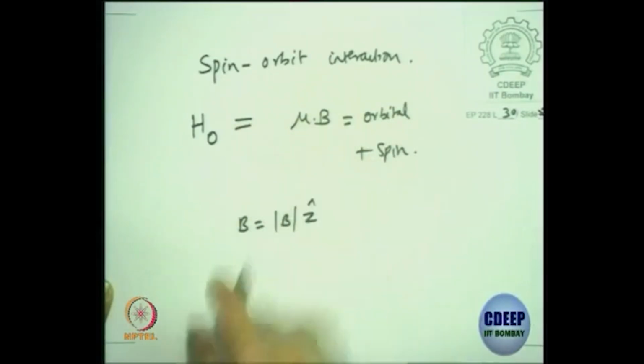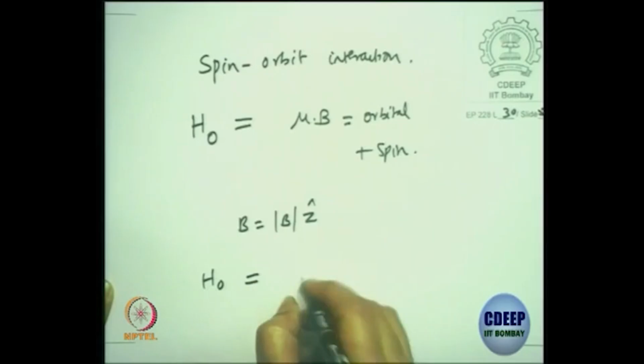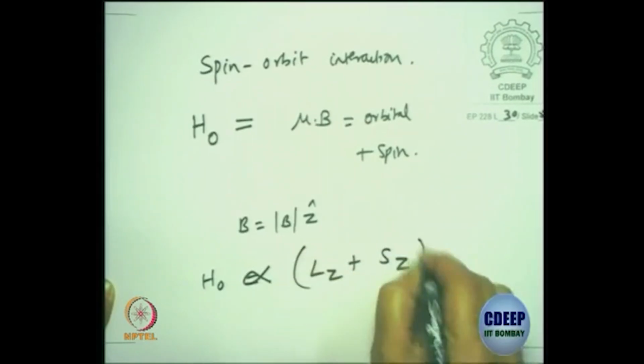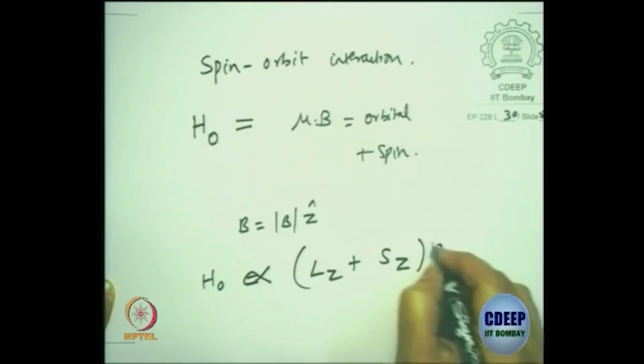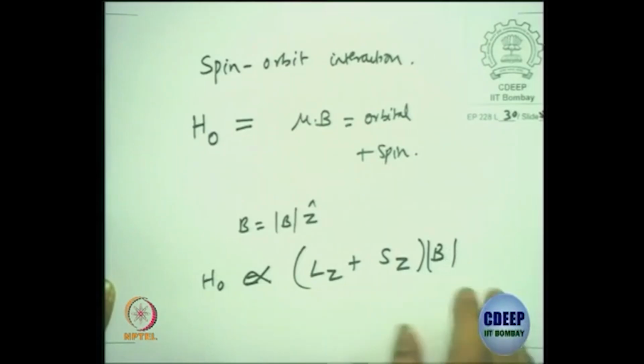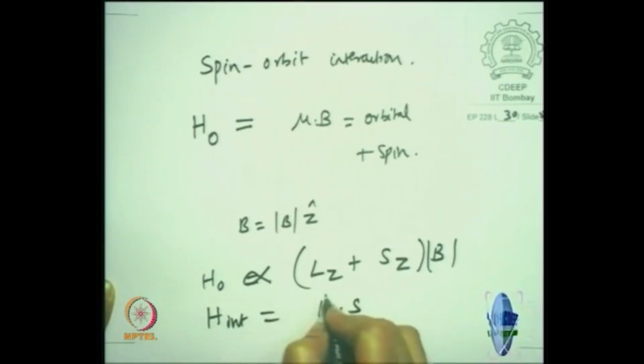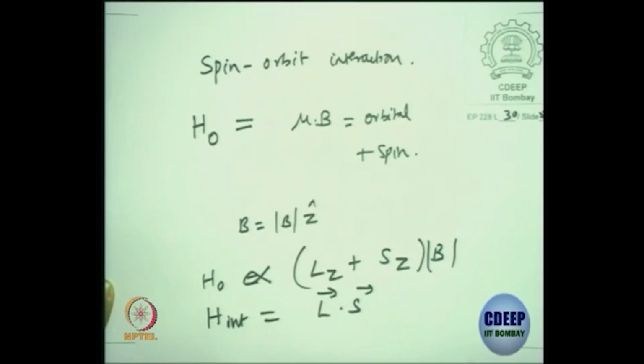You could have H naught proportional to Lz plus Sz times B. Here Lz is separate, S is separate. But I could turn on an interaction, which is L dot S.